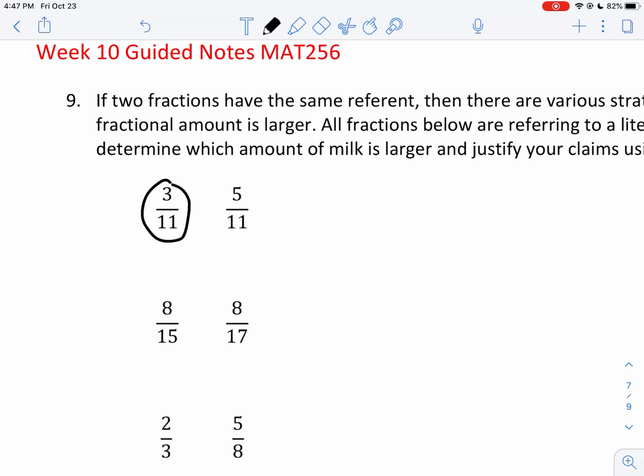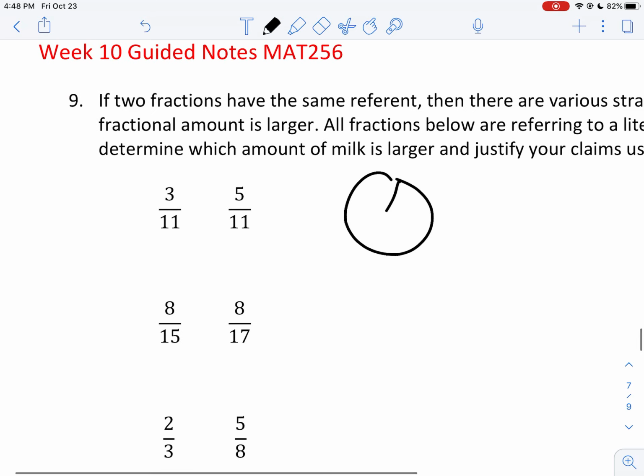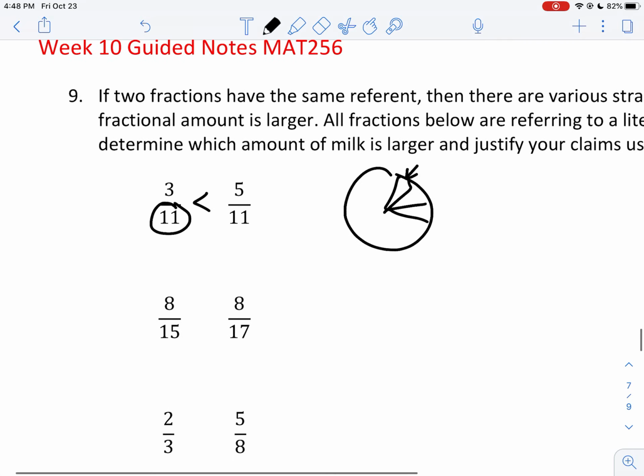Okay, so our first pairing, 3/11ths of a liter of milk compared to 5/11ths. Well, because the denominators are the same, we're talking about the same size pieces. Or if I were to take a circle and break it into 11 pieces, which would be hard to do, but imagine I did that, what would be more, 3 of those pieces or 5 of those pieces? Well, clearly 5 of those pieces would be more.